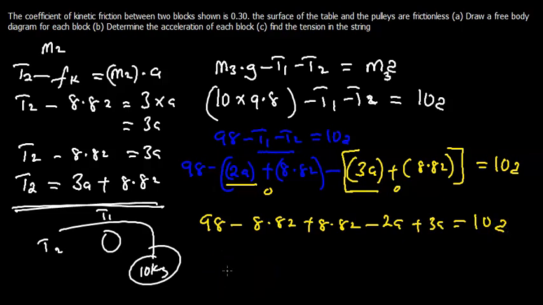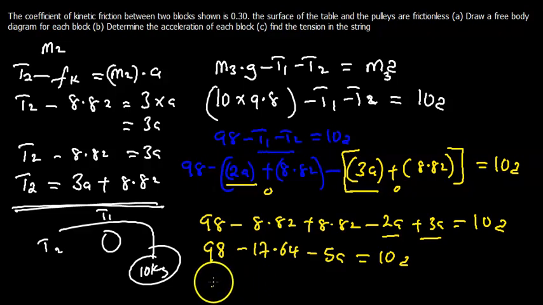So if you add 8.82 and another 8.82, what are you going to be left with? This is simply going to be 17.64. Therefore, I'm going to have 98 minus 17.64 minus 5a, because 3a plus 2a is going to be 5a, which is simply going to be 10a.